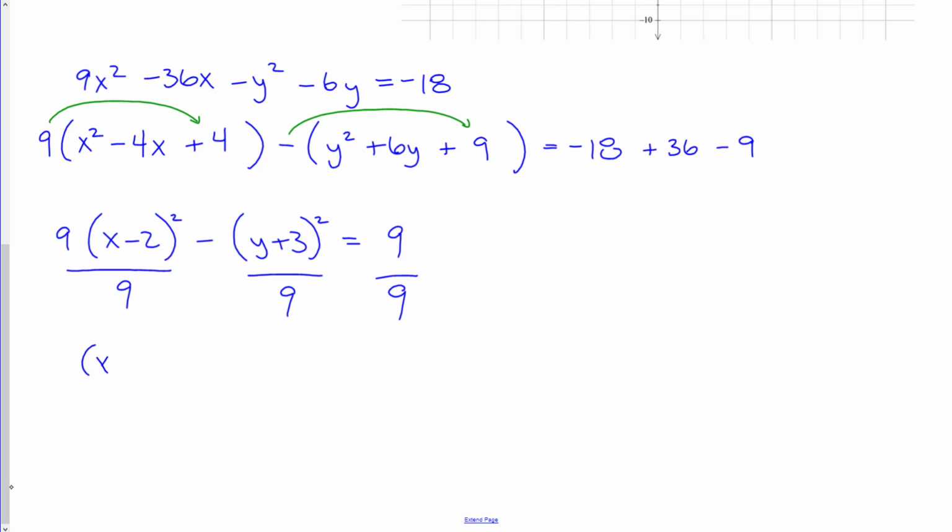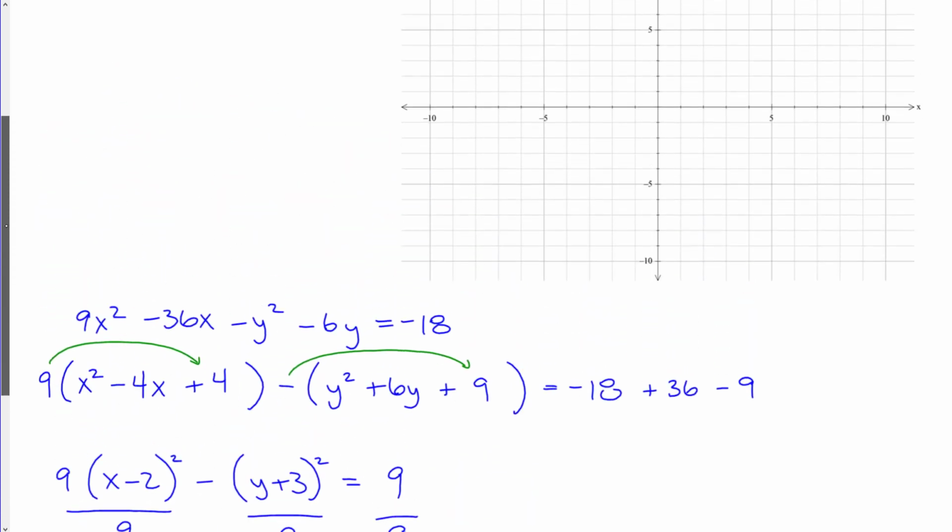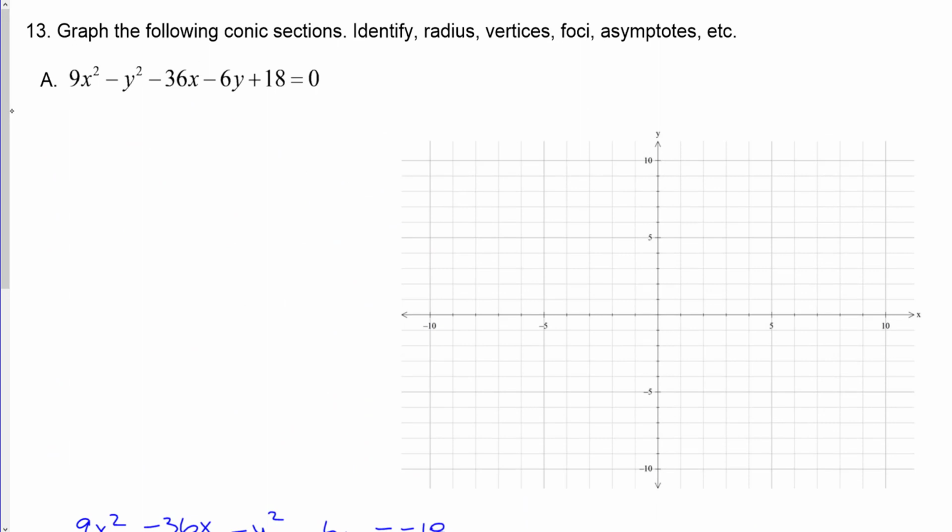So I have x minus 2 quantity squared minus y plus 3 quantity squared over 9 equals 1. So this is a hyperbola. And I know that because there's a minus between the two terms here. But then I can identify many of the other pieces as well. So let me just recopy this up here, and then I'll start identifying the important pieces.